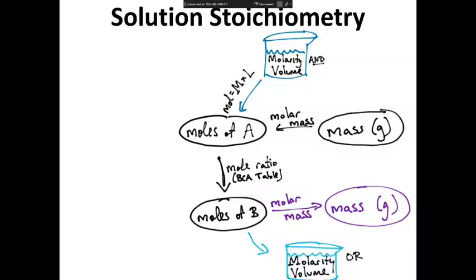But once again, I can use the same old equation, this idea that moles equals molarity times liters. I might be solving for molarity or I might be solving for liters. I probably already know moles because I just found moles of B as I worked through the stoichiometry.